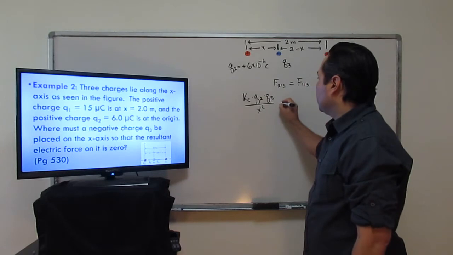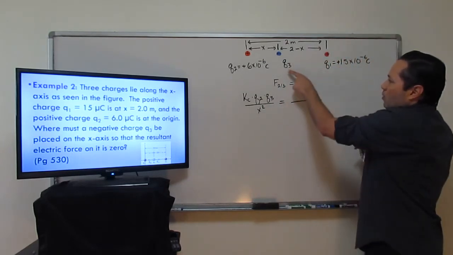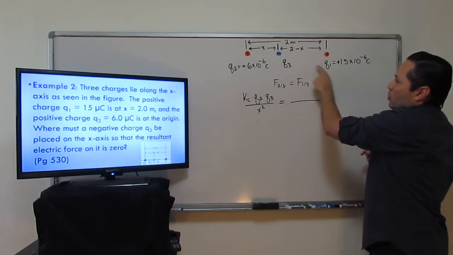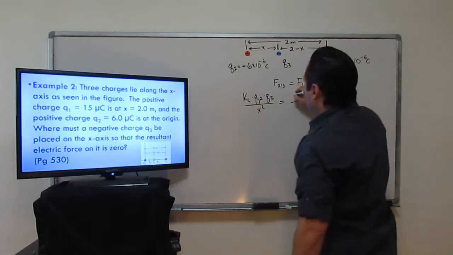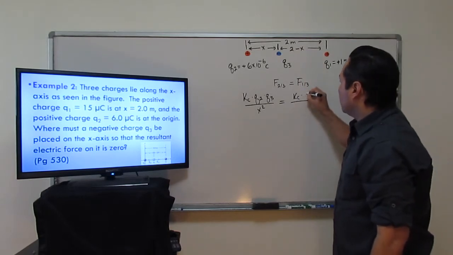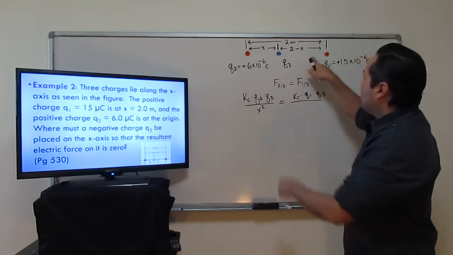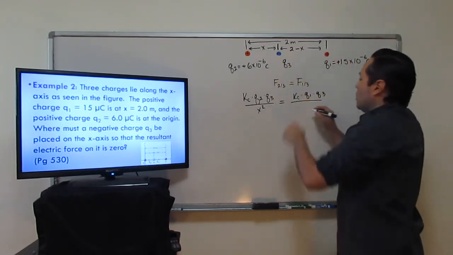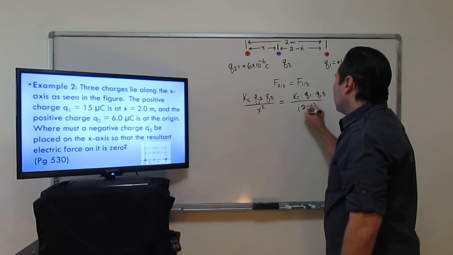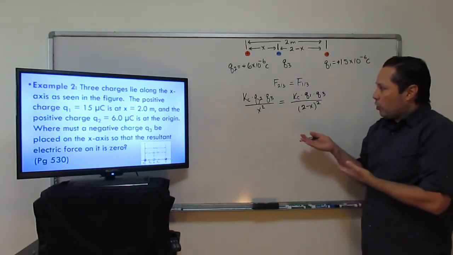On the other side, what's the force between Q3 and Q1? It's going to be, again, Coulomb's constant multiplied times the charge of Q1 times the charge of Q3 over the distance between them, which is 2 minus x, and that is squared. Alright, so now there's a formula.